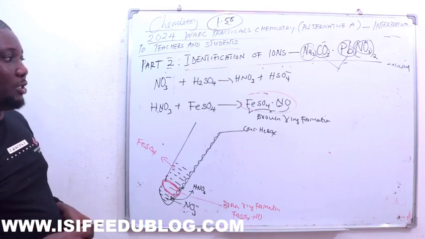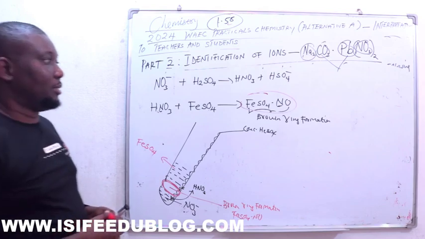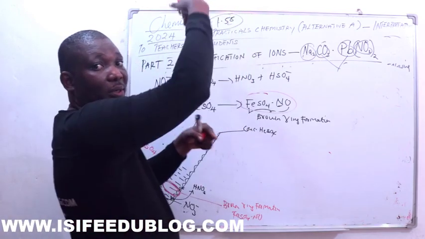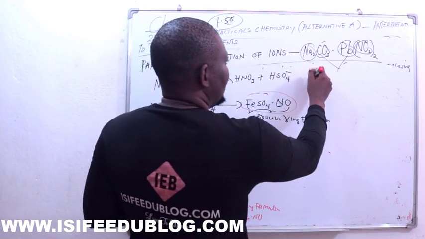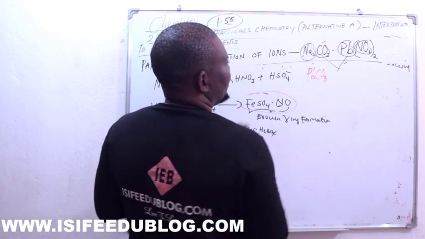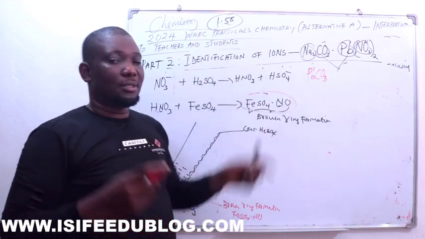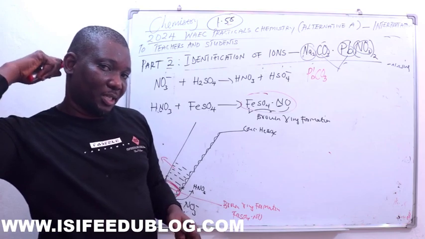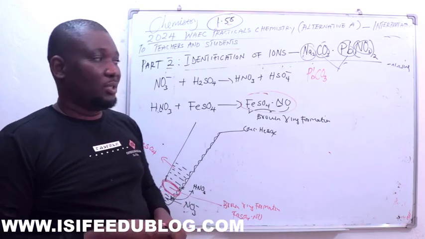Now let's go to the residue. On the residue, remember what we did, you can just take the video back. So our residue is PbCO3. Since this is undissolved in water, we are going to look for an acid that will probably dissolve it.